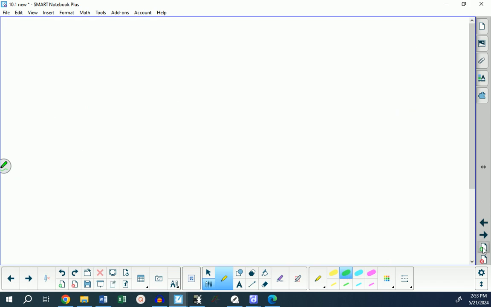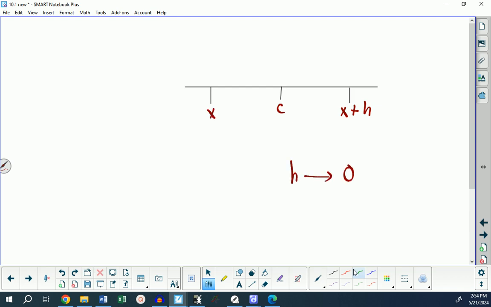So what's happening is this, that we have x plus h, and we have c, which is somewhere in between here. It doesn't matter where we draw it, and h is approaching 0.